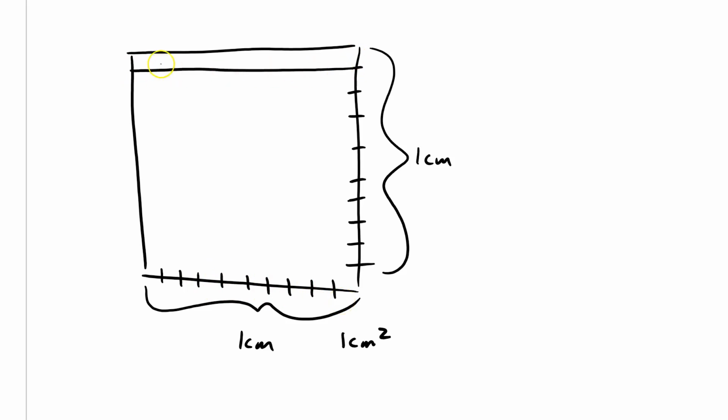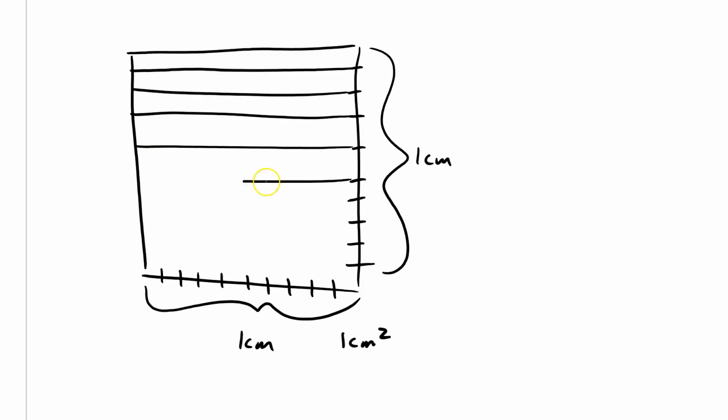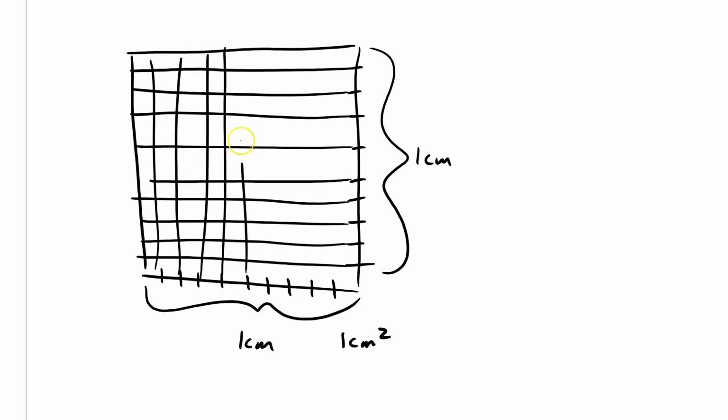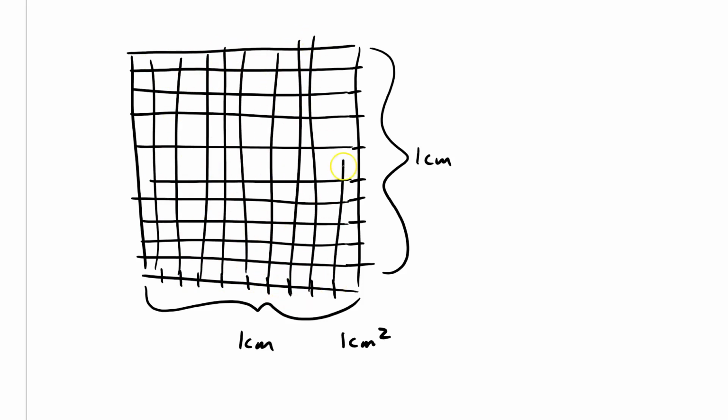If I draw this grid, you can find out exactly how many millimeters squared there are. We could count them, but I think there's an easier way to figure this out. So I have 10 groups of 10. That means that it's 10 squared.